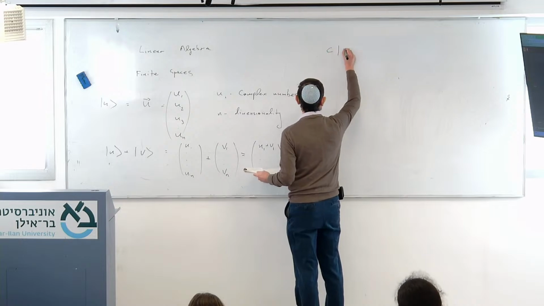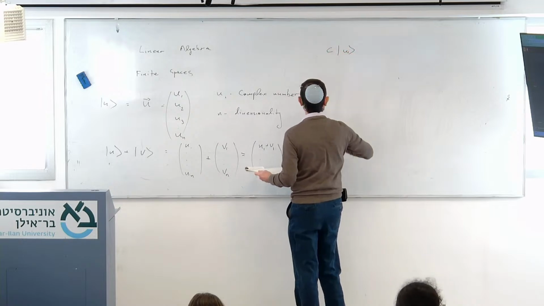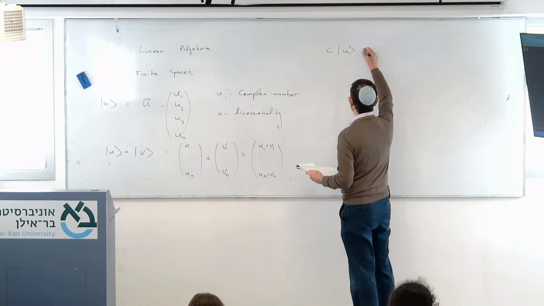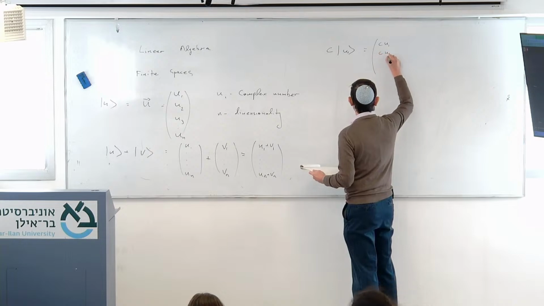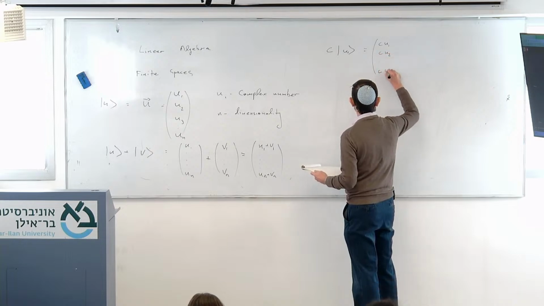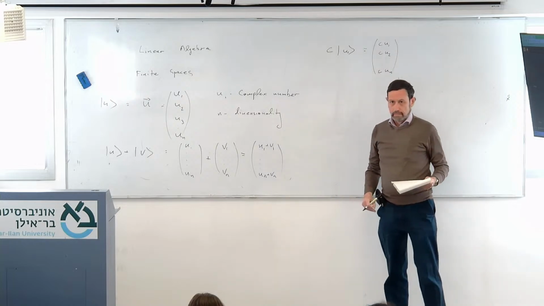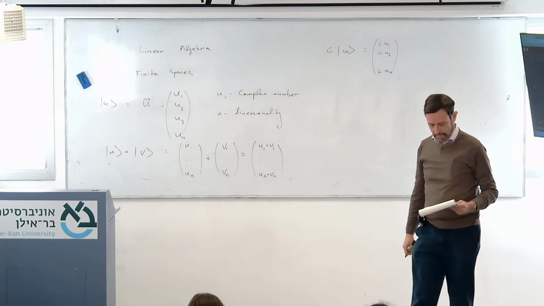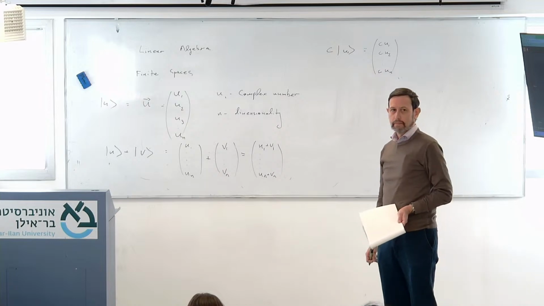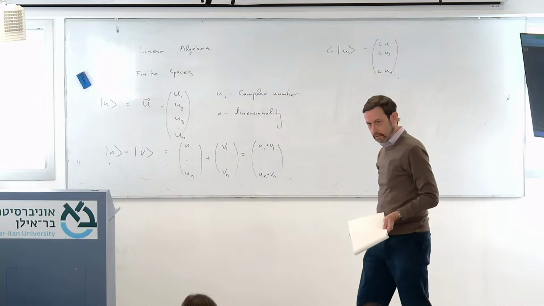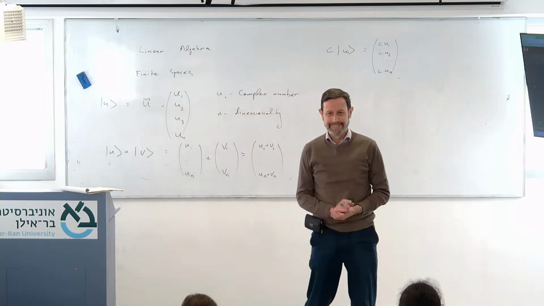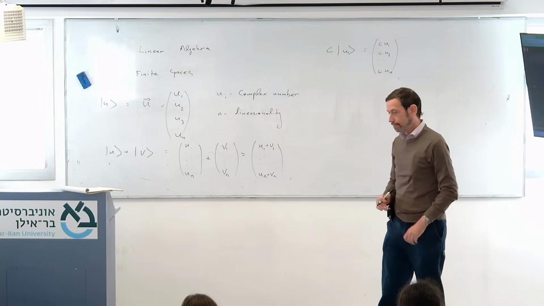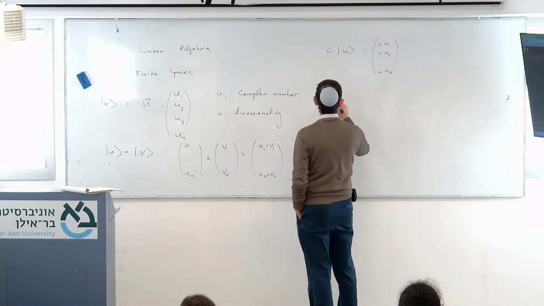A scalar, which could be complex, of course, times u1, and so on. Now, multiplication of two vectors. Actually, here I have two different ways to perform multiplication. A scalar product.